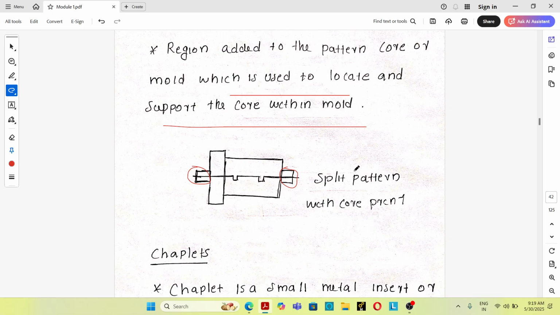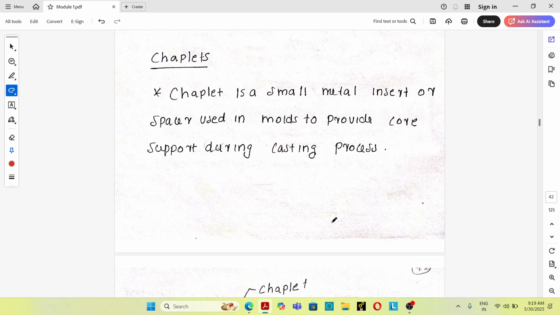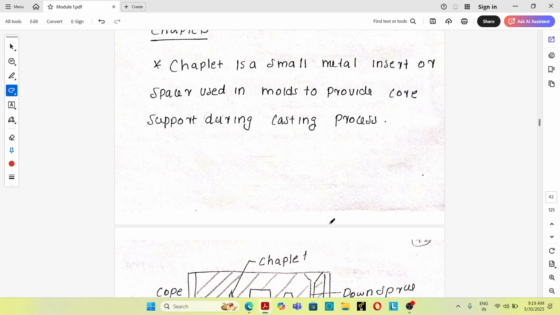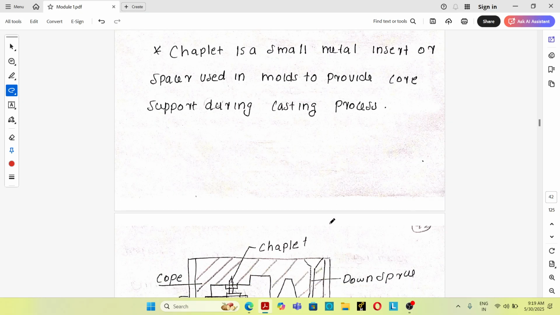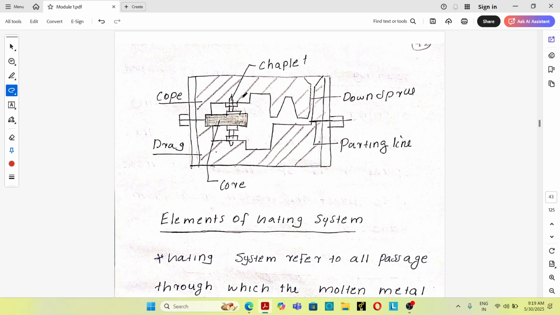Then what do you mean by chaplets? Chaplets are small metal inserts or spacers used in the mold to provide core support during the casting process. These are chaplets.